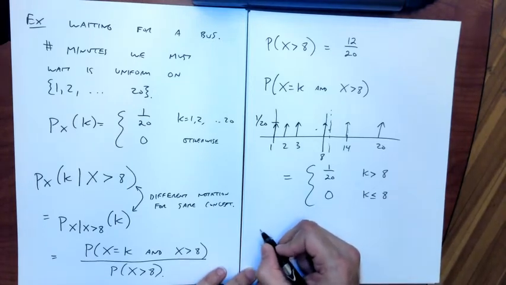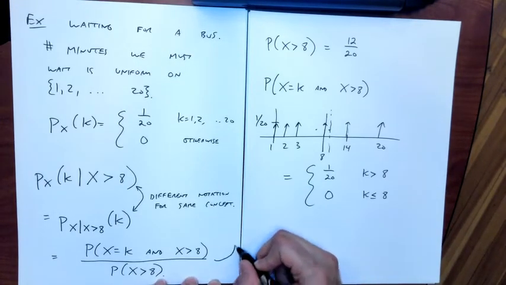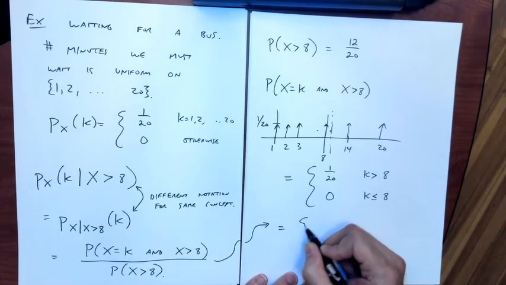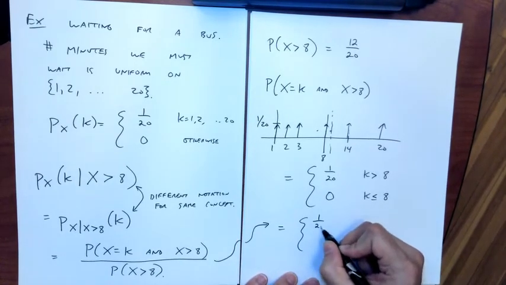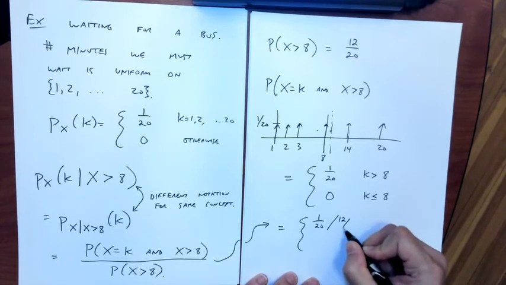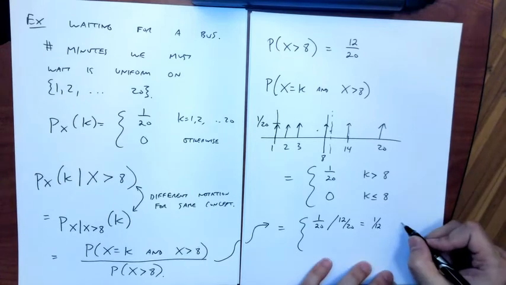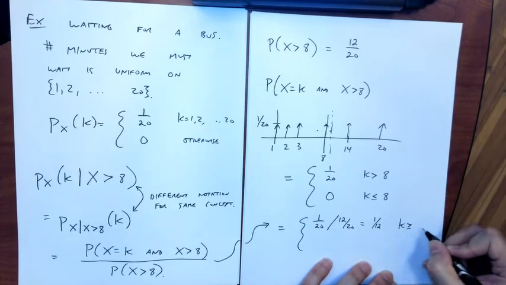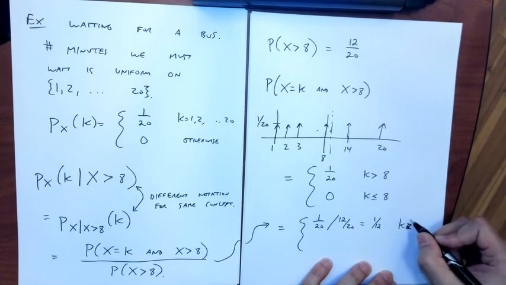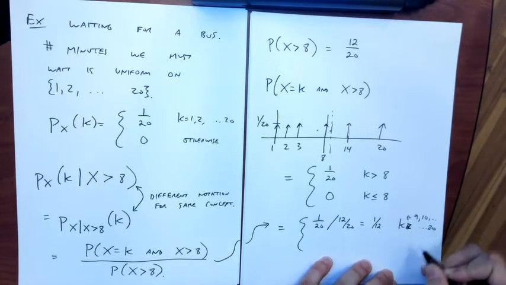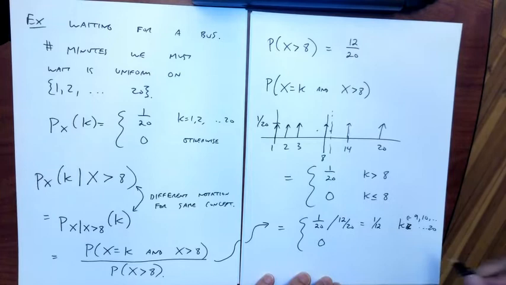So if I put it all together, this is equal to 1/20th over 12/20ths, which equals 1/12th if k is in the range 9, 10, 11, to 20, and it's 0 otherwise.